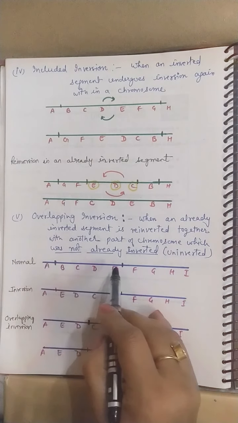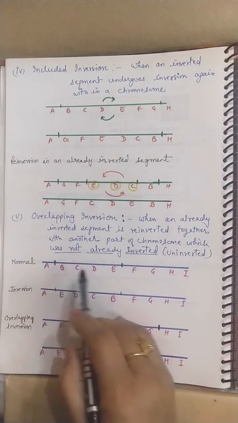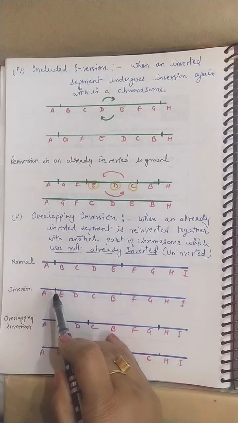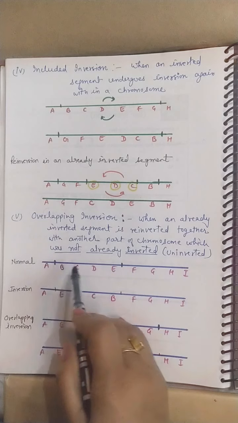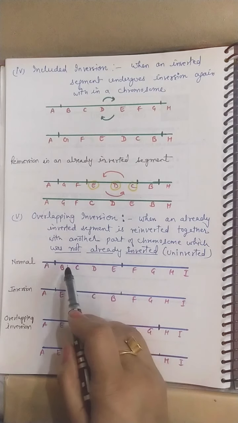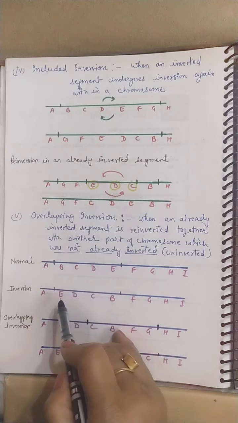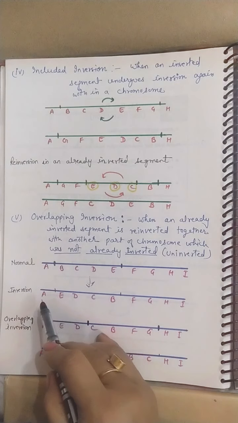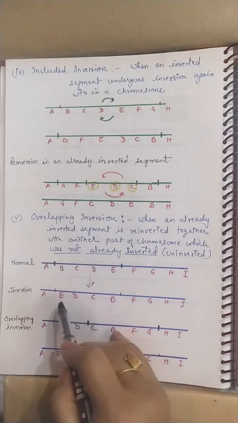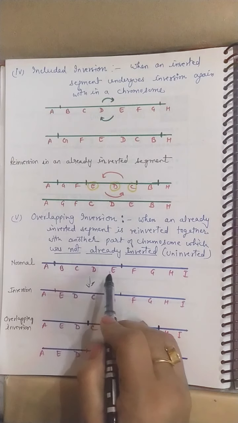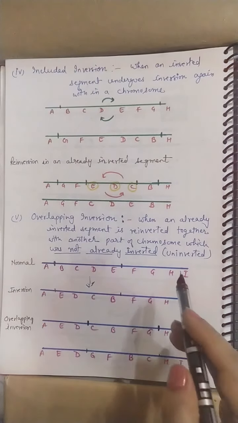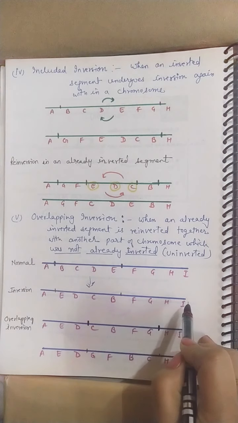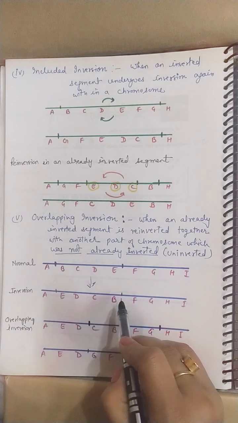Here I am considering this chromosome having A to I genes. Now there is an inversion point at AB and EF. So B, C, D, E got inverted. And now we have got the E, D, C, B sequence instead of B, C, D, E. Now this part, as you can observe, is the uninverted part, and this from E to B is the inverted part.